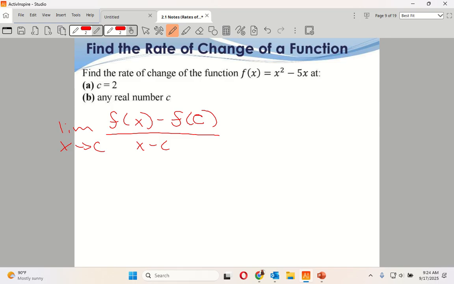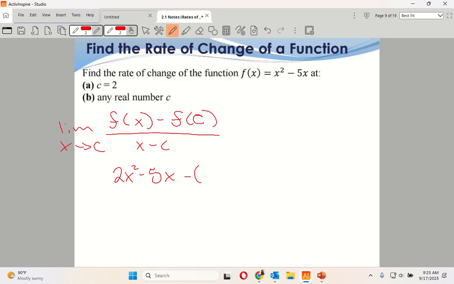Now, algebra comes into play here. F of x is going to be 2x squared minus 5x, minus f of c. My c is going to be 2 here. So I'm going to put parentheses because I'm evaluating that. I'm plugging c into that function.